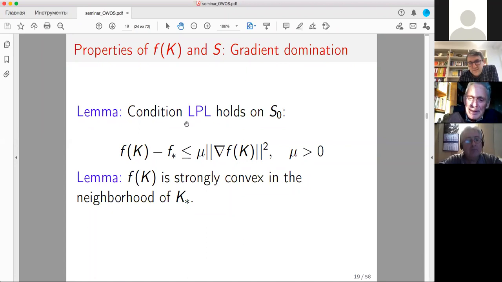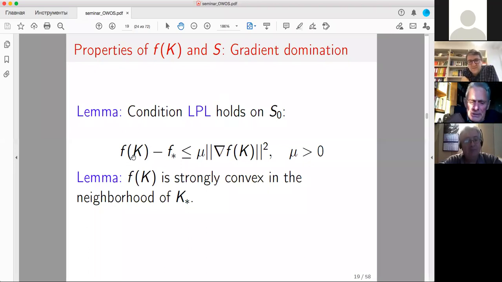The gradient domination condition is sometimes called the Polyak-Lojasiewicz condition, but I would say it's fair to call it the Lezhansky-Polyak-Lojasiewicz condition because all three authors introduced this notion in 1963.